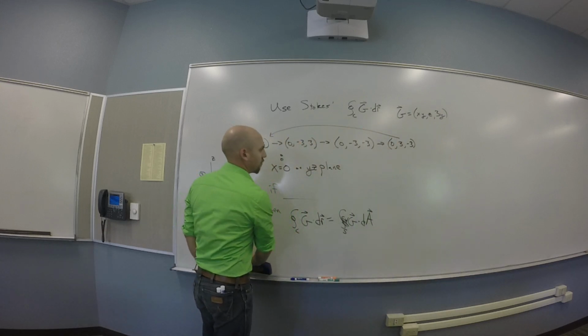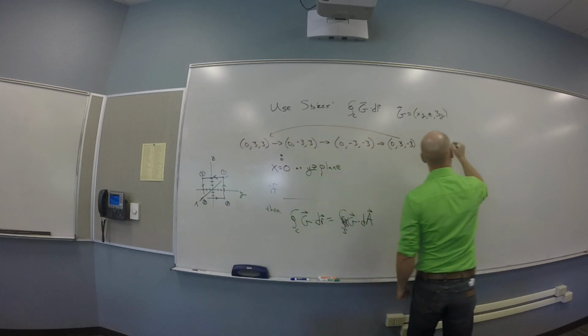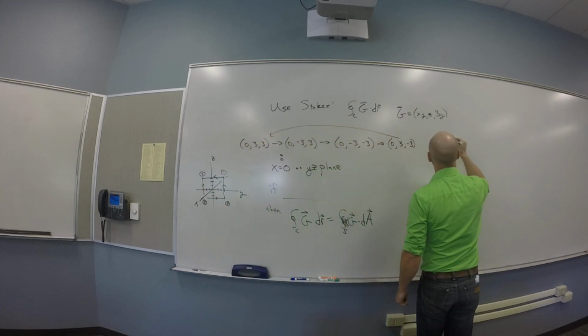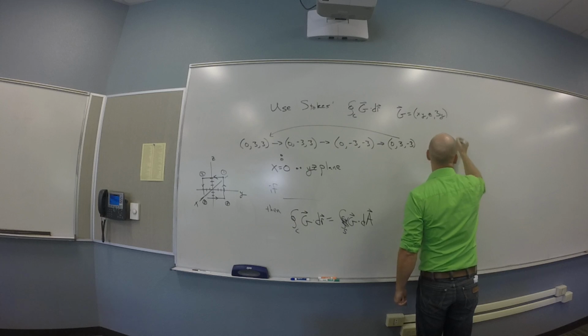How do you calculate curl? It's 3 to 1, 3 to 1. It's the shortcut. Oh, let's do the shortcut. That's a great idea.